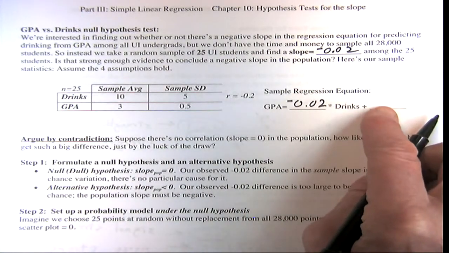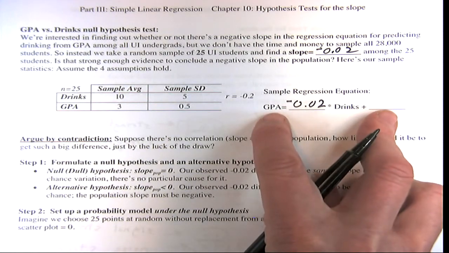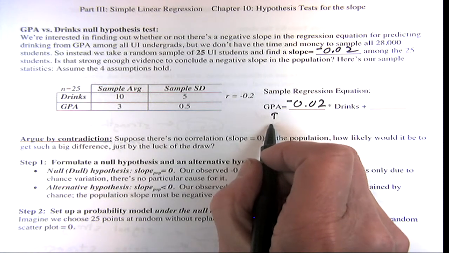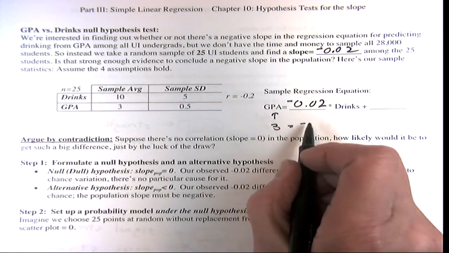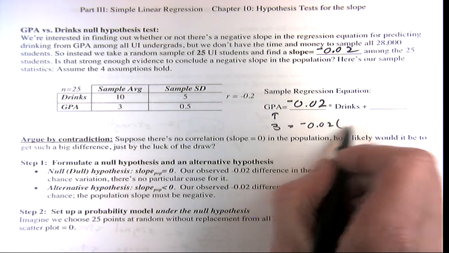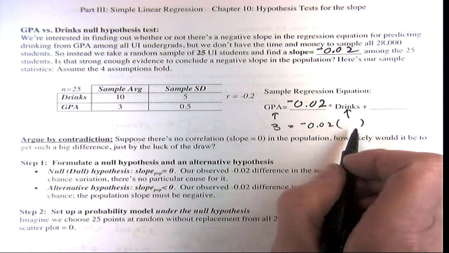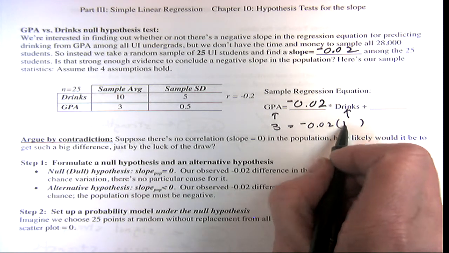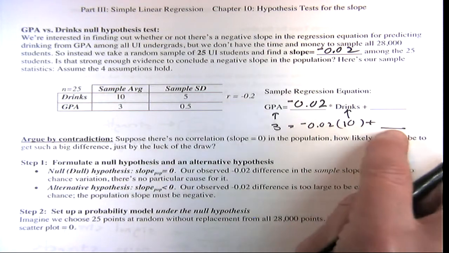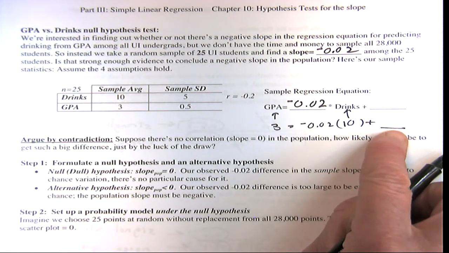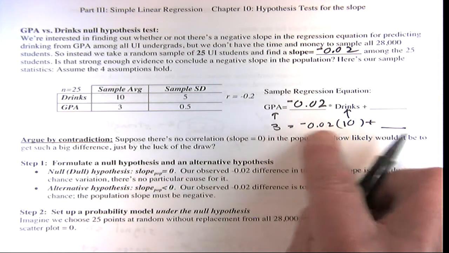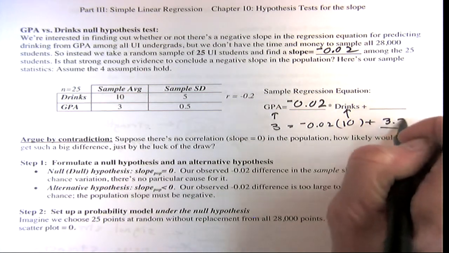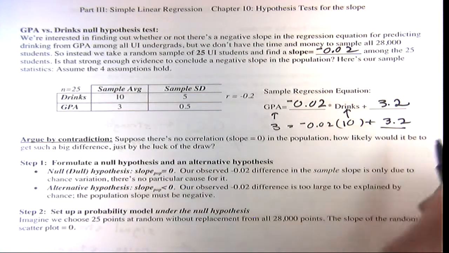We didn't fill that part in, but we could solve for it. We put in the average GPA, which is 3, and the average drinks, which is 10, and then we solve for the y-intercept. So 3 is equal to negative 0.2 plus what? That's going to be 3.2. So that's our estimate of the intercept.